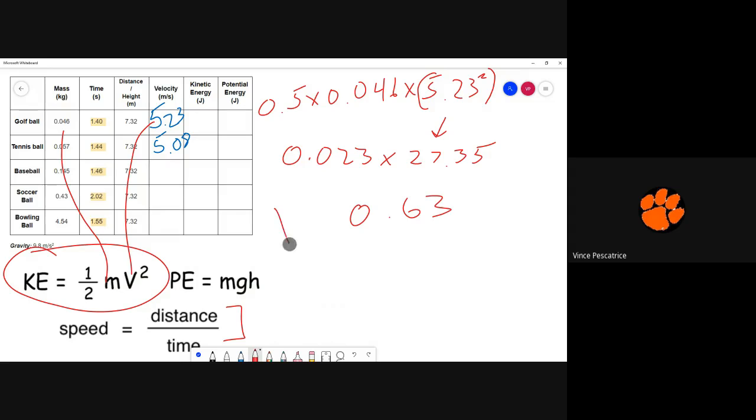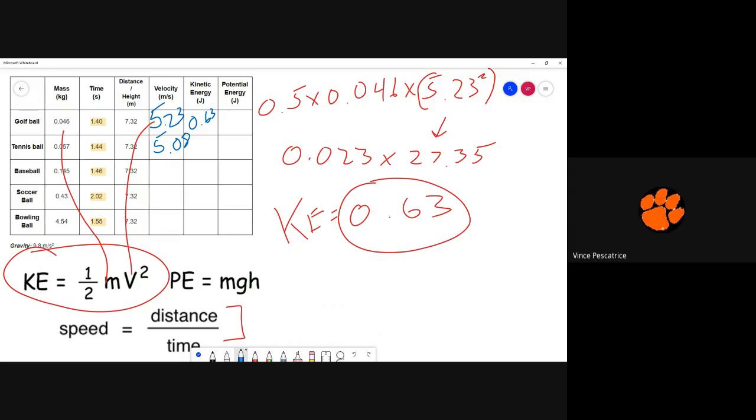Now this is your kinetic energy. All right, so then this number goes here. So I'll put that in there, 0.63. All right.